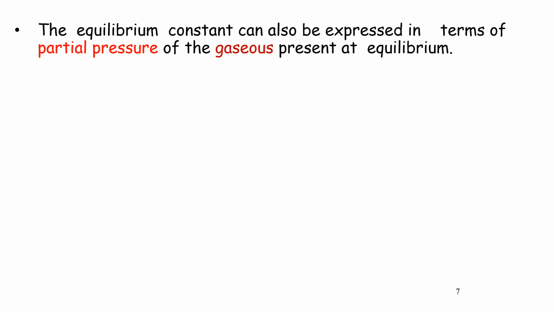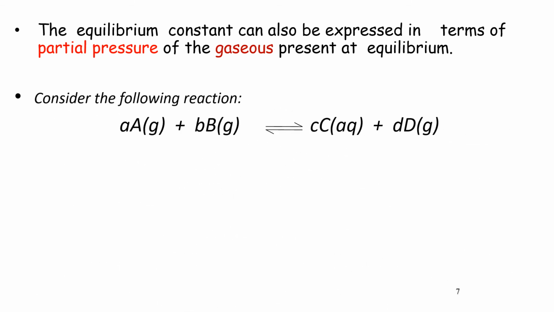Instead of expressing the equilibrium constant in terms of concentration, we also can express it in terms of pressure. But you have to be careful when writing the expression of equilibrium constant in the form of pressure. Let's say you have this equation. Looks similar, but look at the phase.